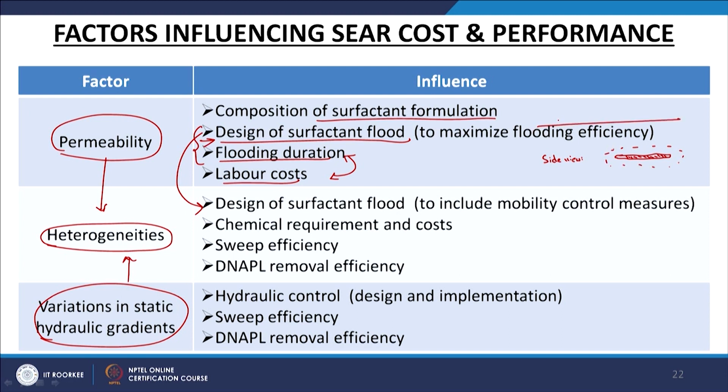So, now when I pump my surfactant through this particular site, what happens? Because of the differing hydraulic conductivities, the surfactant might first go through the sandy or silty layer, while bypassing the clay layer. But in the clay, there might be a considerable fraction of the DNAPL present.